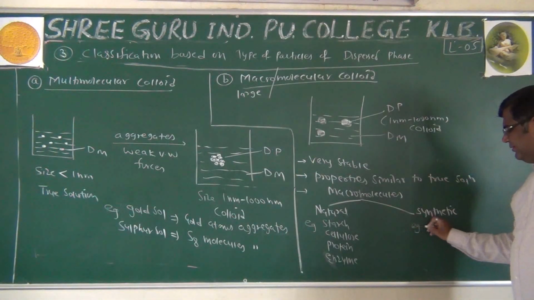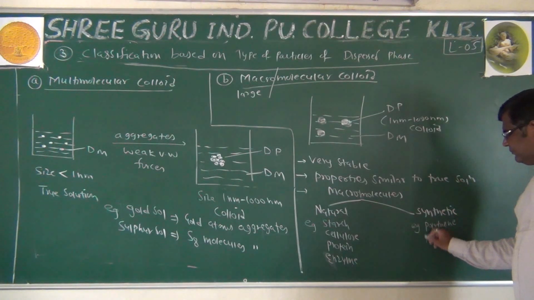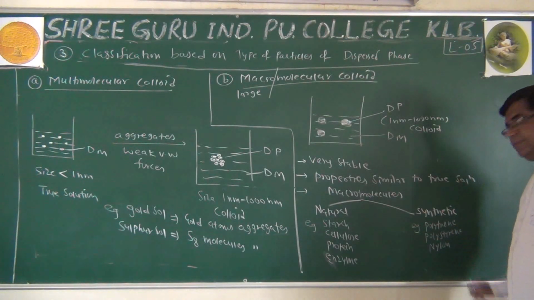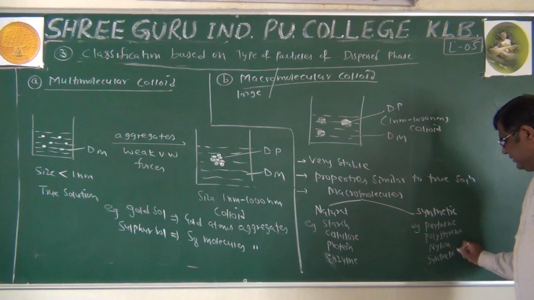And in synthetic, it is polythene, polystyrene, nylon, and synthetic rubber.